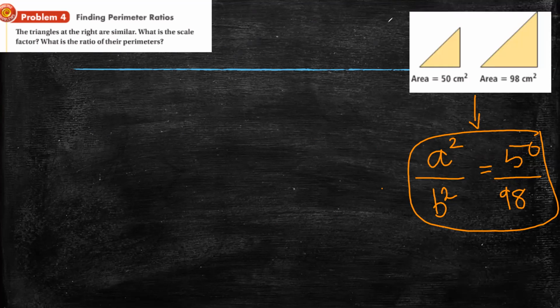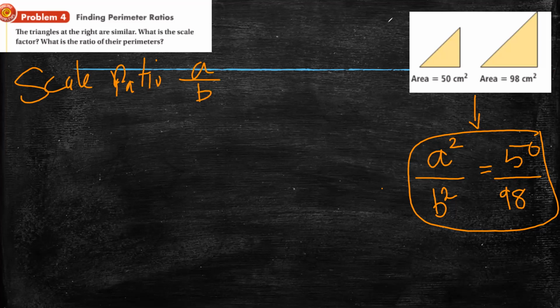Now, he asked me to find the scale factor and the ratio of the perimeters. This is A²/B². To find the scale ratio, which is A/B, but I have A²/B², what do I have to do?